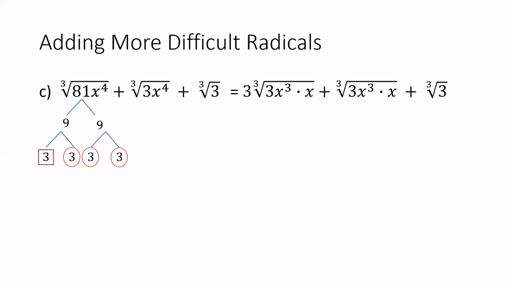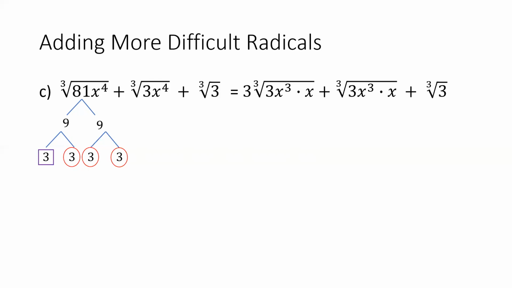But what's different about this problem is that I have variables. If I go number by number, which is probably the best way to do it, in my first root, I simplified my 81. I got a 3 in front of my root, a 3 left behind. My second one, I can't simplify the number any further, and that's the same thing with the last one. So really the only number that gets simplified is that 81.